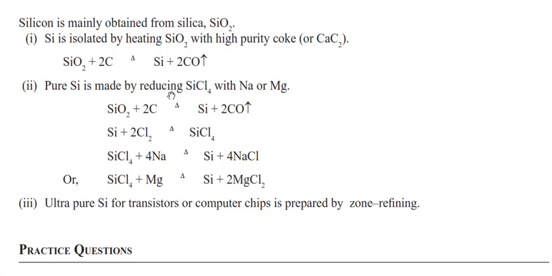Similarly, pure silicon can be made by reducing SiCl4 with sodium and magnesium, because these are active metals, so they can detach chlorine from silicon. Ultra pure silicon, used in transistors and computer chips, is obtained by zone refining. Okay, so this 14th group chapter is completed.